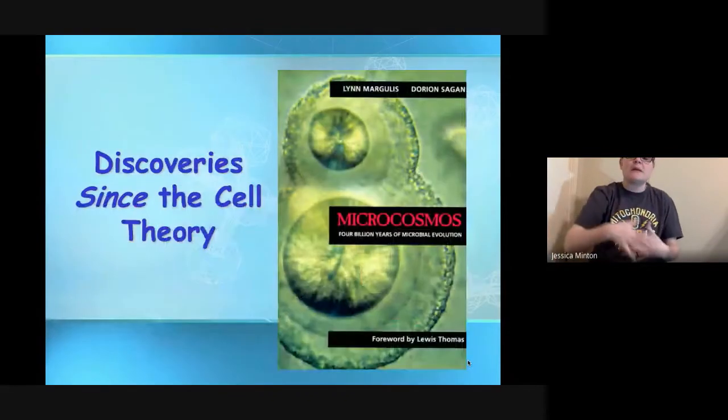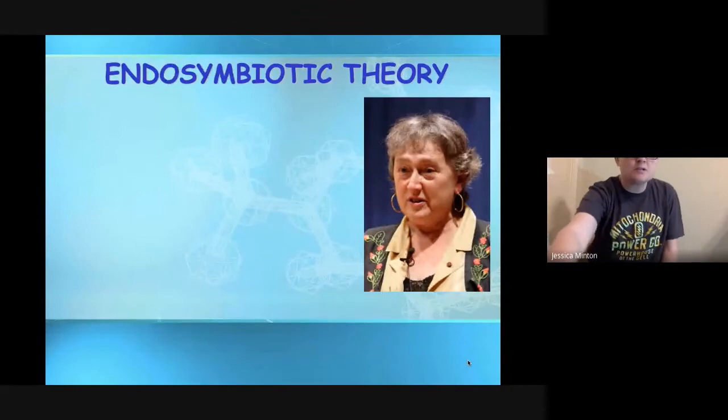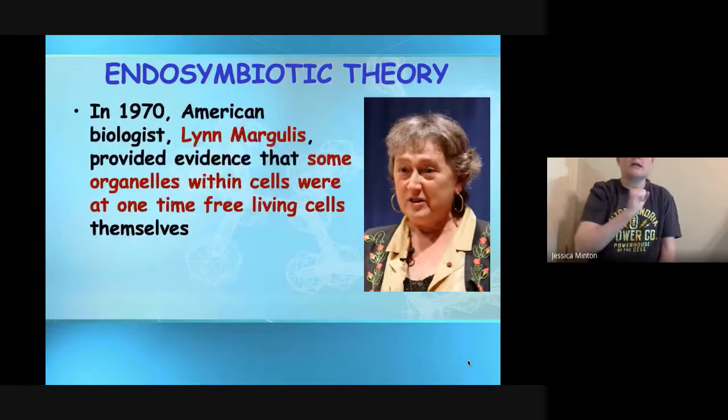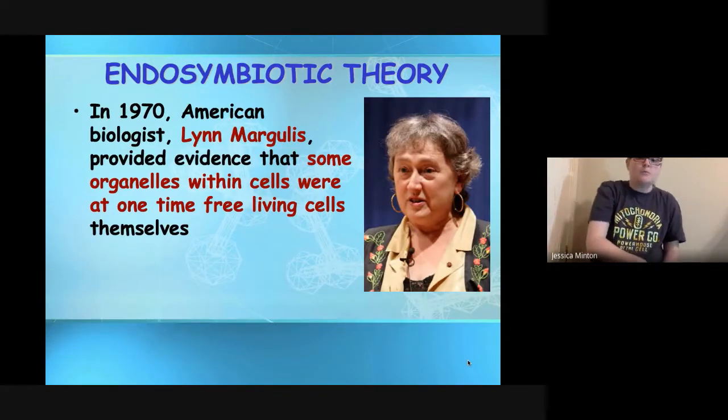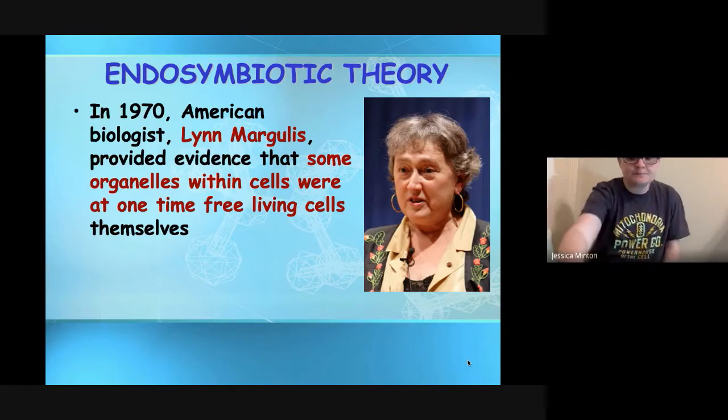So what's happened since those first discoveries? Endosymbiotic theory, jumping all the way to the 1970s, an American biologist by the name of Lynn Margulis provided evidence that organelles within cells at one time were free living.